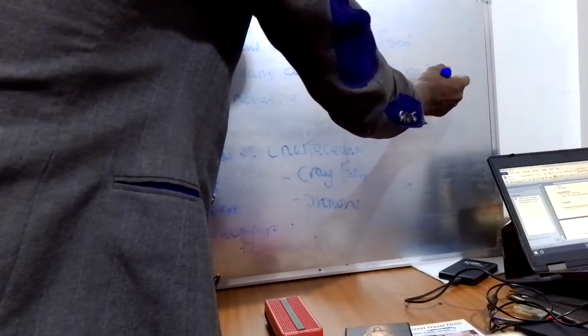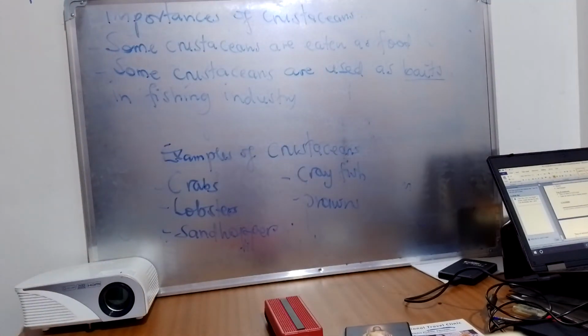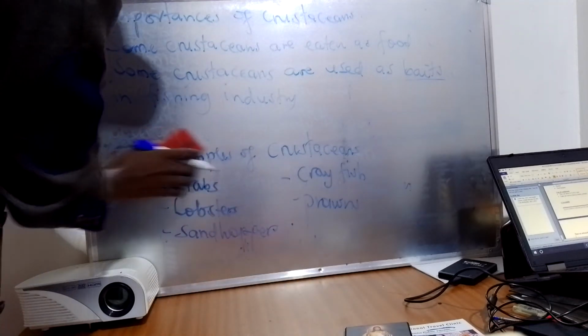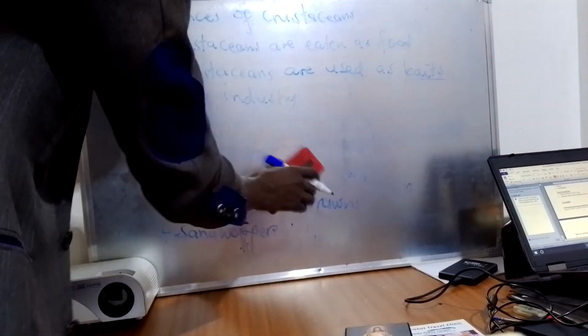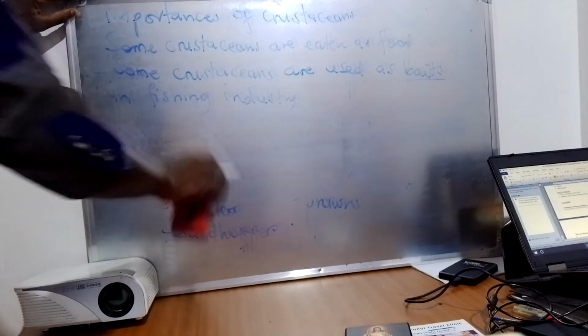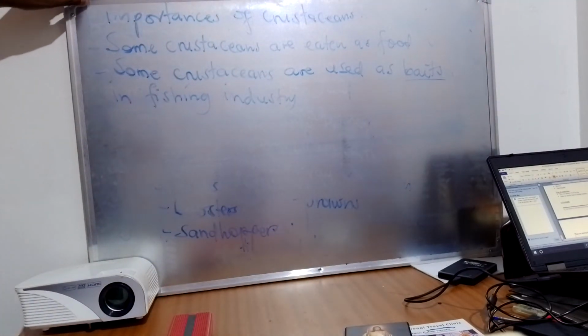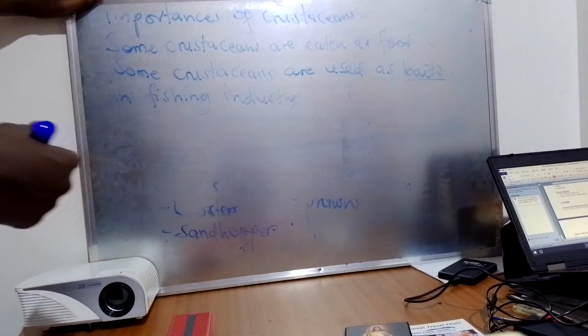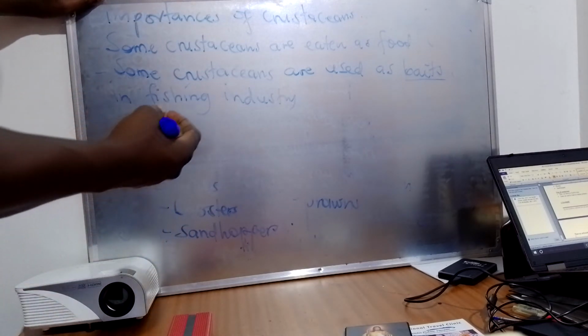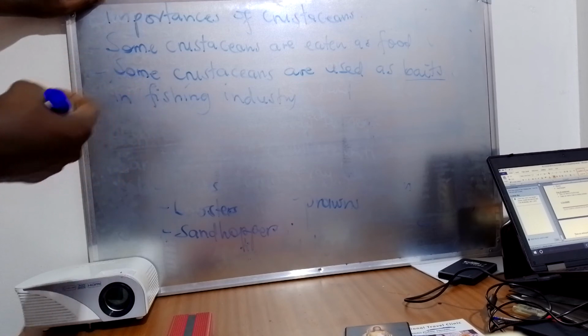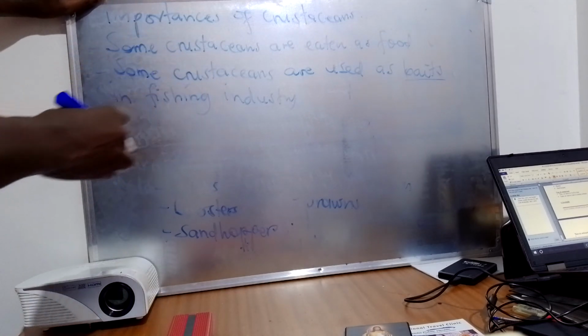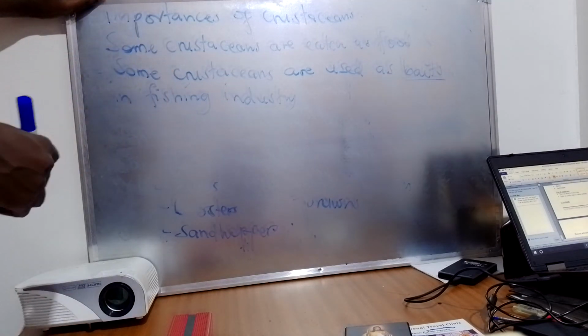Someone may ask me, what does bait mean? A bait is what is put on a hook or anything so as to attract fish. And once fish has come to eat it, it is finally caught during the process.